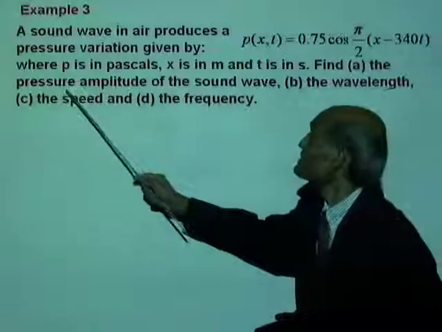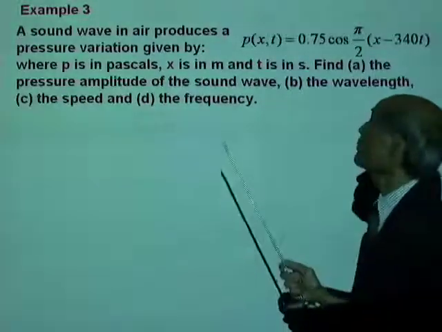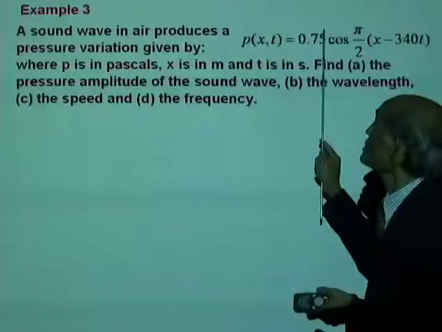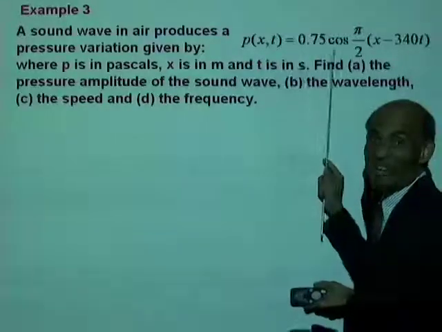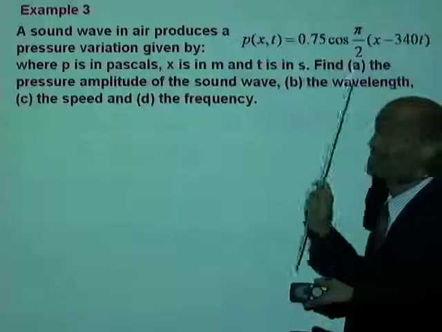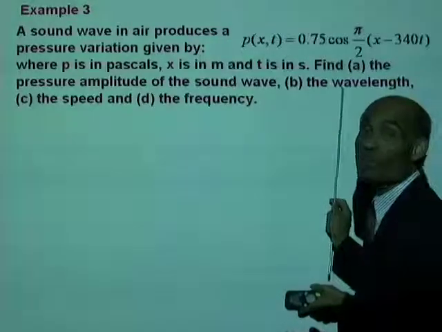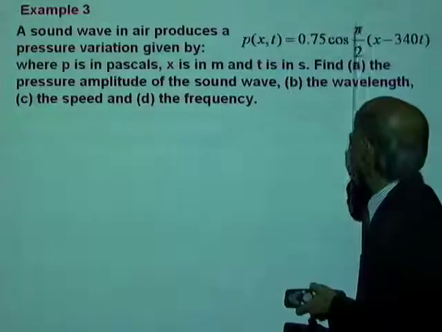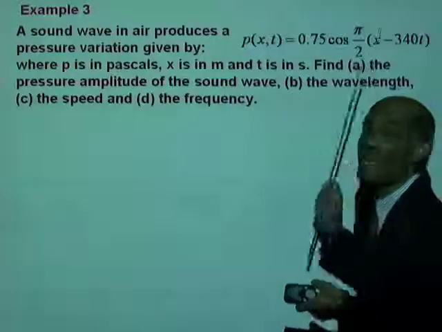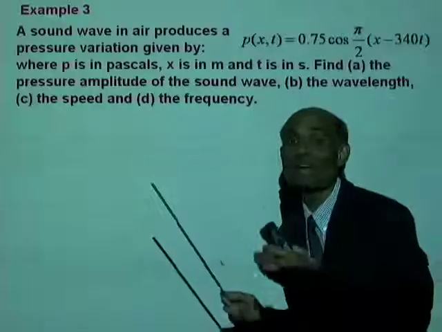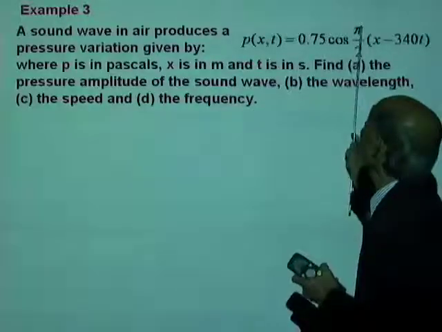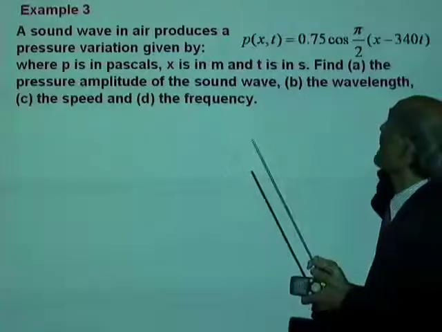Find the pressure amplitude of the sound wave. Well, there's nothing there to find. It is there. This is the pressure amplitude of the sound wave. The wavelength lambda is contained in k. Remember, k is 2 pi divided by lambda, and you know k equal to pi by 2.